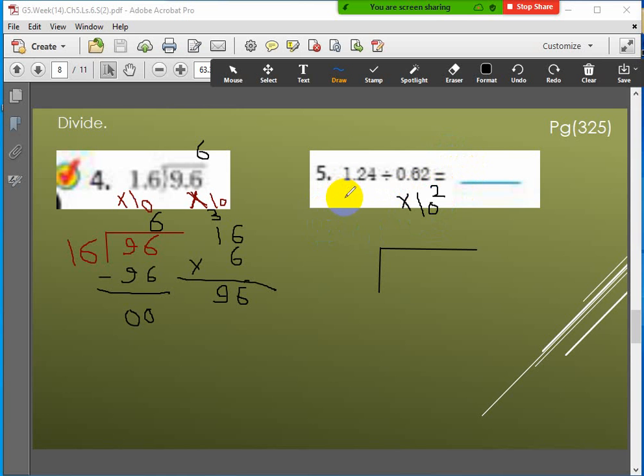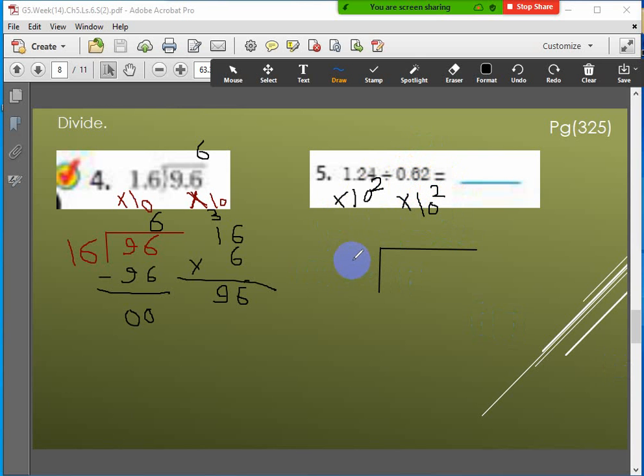That means I will multiply both numbers by the second power of 10. Thank you, Ruslan. So it will be 100, because the decimal point will move to the right side, sorry, 2 digits.